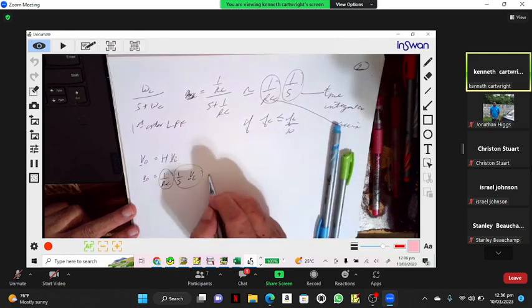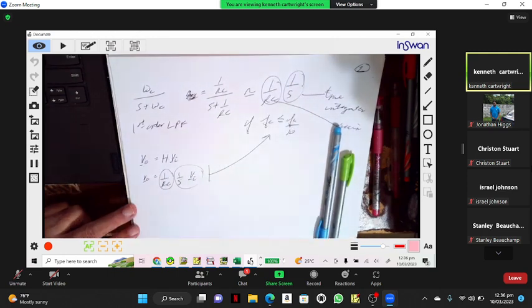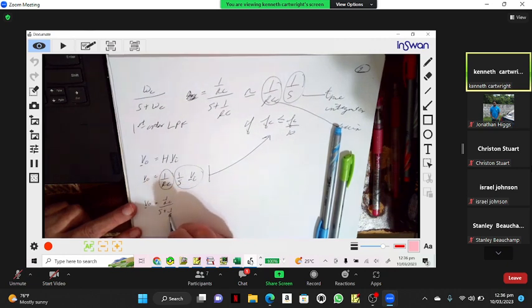But this is only true if that's true. Otherwise, VL phasor is 1 over RC times S plus 1 over RC times VI.